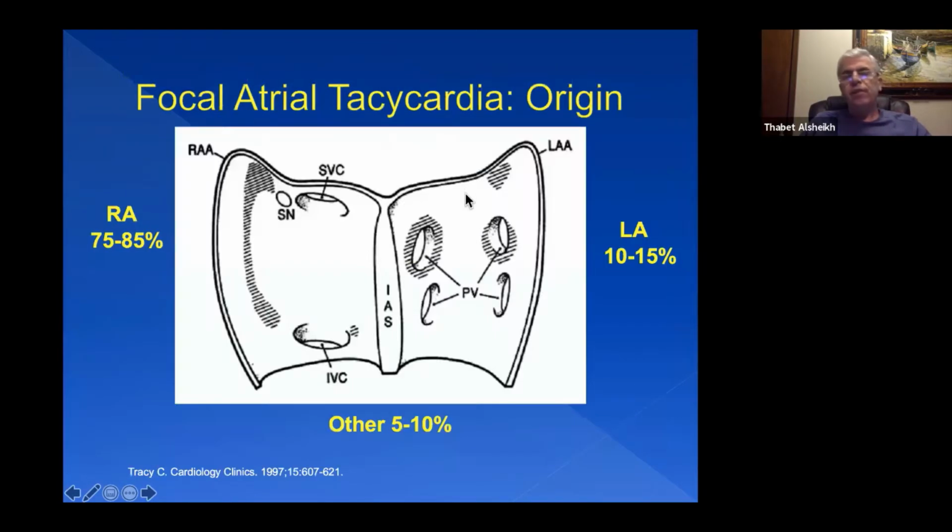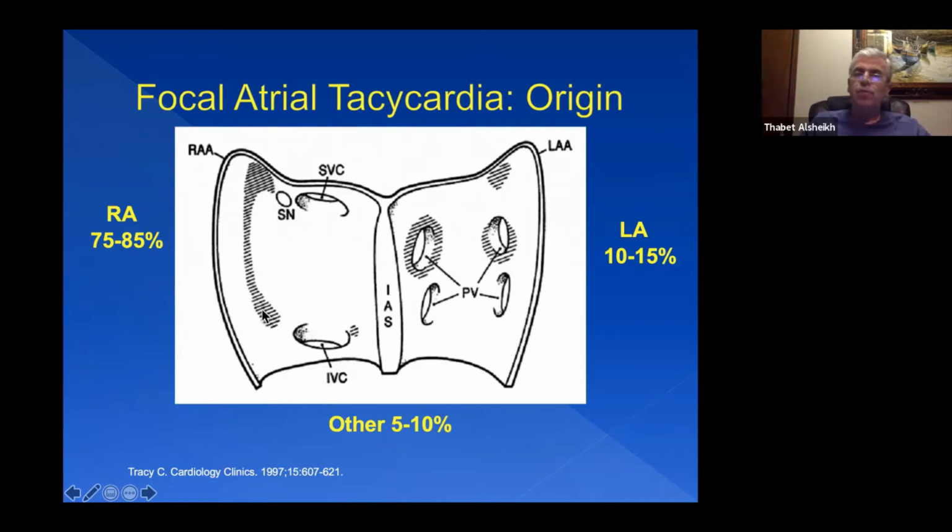When we look at the site of origin of focal atrial tachycardias, by probability, 75 to 85% of focal atrial tachycardias originate from the right atrium, which is nice because you can access it faster without having to go across the septum to the left atrium. And most of them come from the crista terminalis.